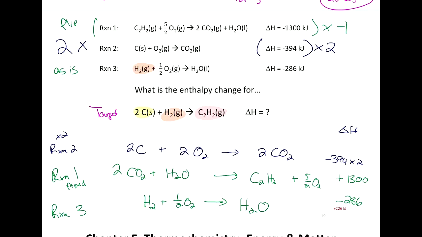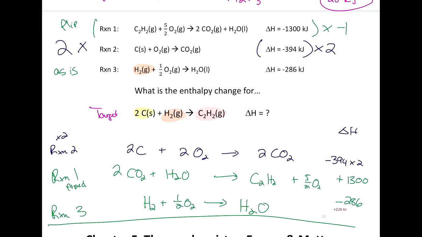Okay, so those are the 3 reactions that I've manipulated. Let's check to see if we get our target reaction. So if you look at these arrows, when you add these things up, all of these will be reactants. All of these are going to be products. So I can just note and see, oh, CO2 is a product over here and it's a reactant over here, so it cancels out. So CO2 cancels out when I add those 2 reactions up.